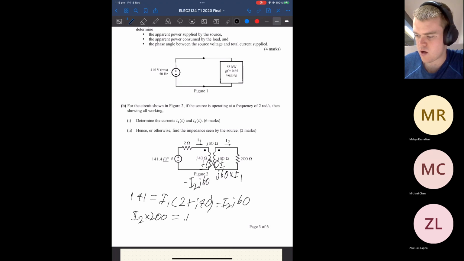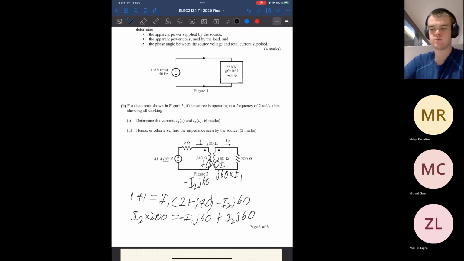So it'll be I1 j60, the negative because it's flowing up through it, plus your I2 j60. And then you're just solving two simultaneous equations.